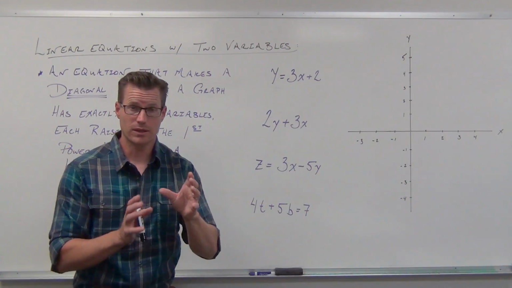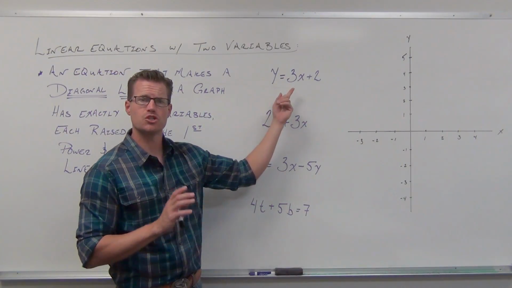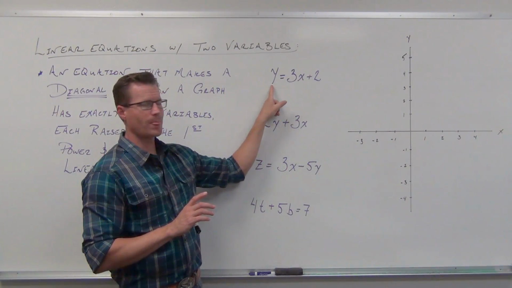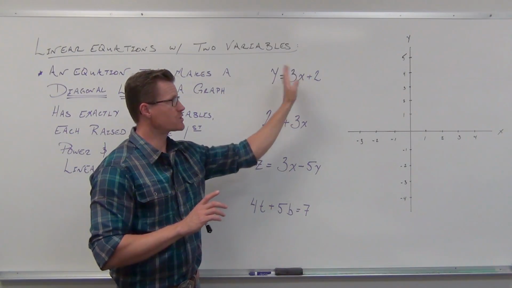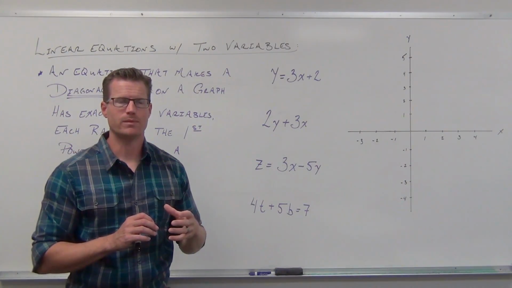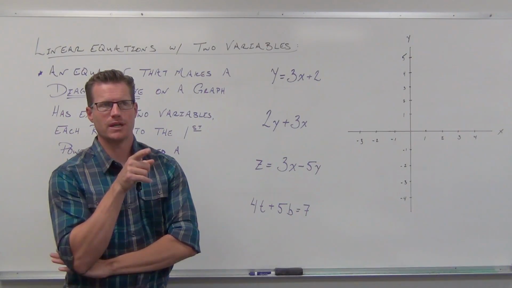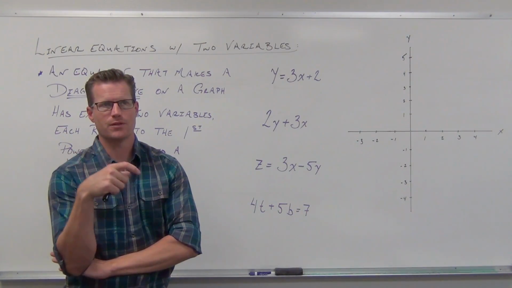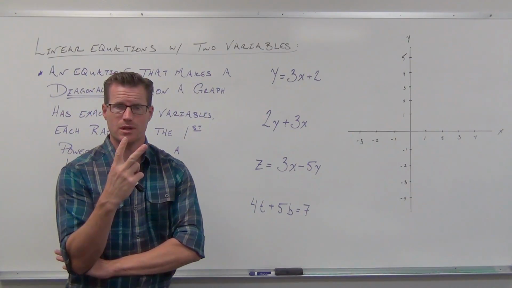What's interesting about linear equations in two variables is that it's a relationship that shows you how one variable is related to another variable. It says take a number, do some junk to it, and it's going to give you another number. Oh wait a minute, that sounds pretty familiar. Because if you put one number in and get a different number out, that's a relationship amongst two numbers.